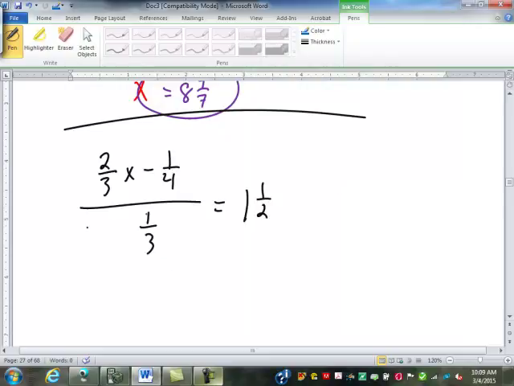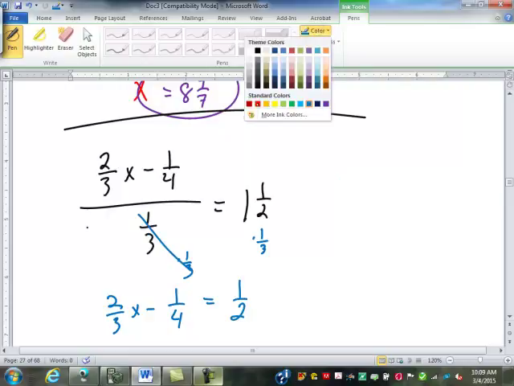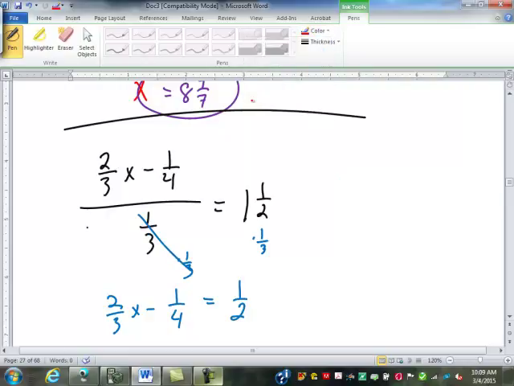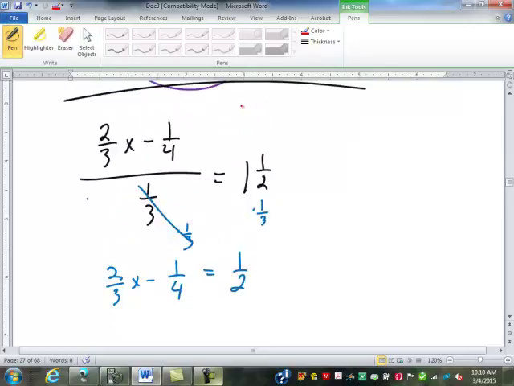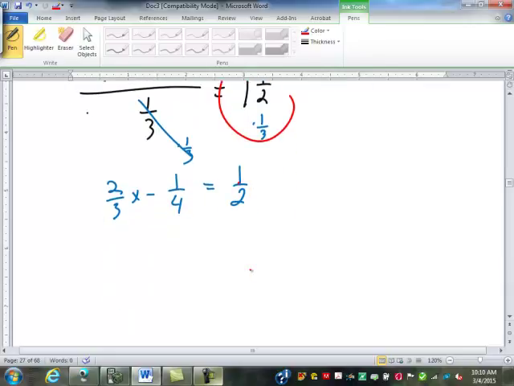So this is divided by 1/3, so we're going to multiply by 1/3. So this is 2/3 x minus 1/4 here. Multiplying by 1/3 on the other side, 1.5 times 1/3 is 1/2. I'll let you verify that on your own if you'd like. Now we have 2/3 x minus 1/4 equals 1/2.